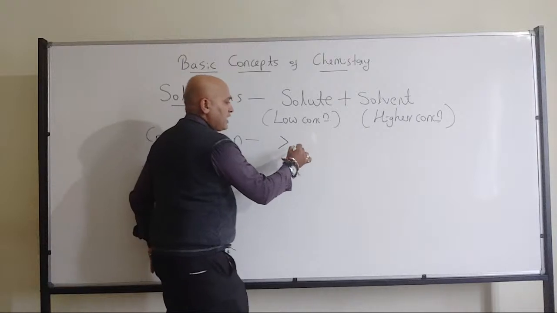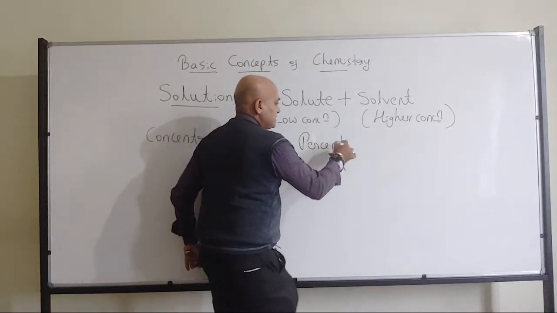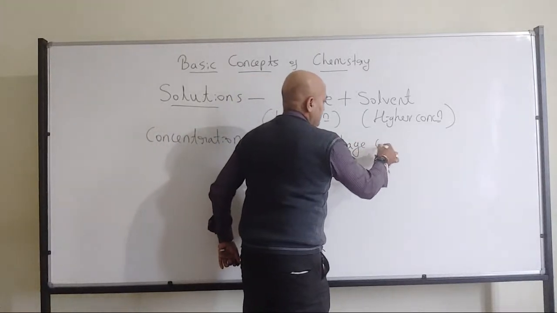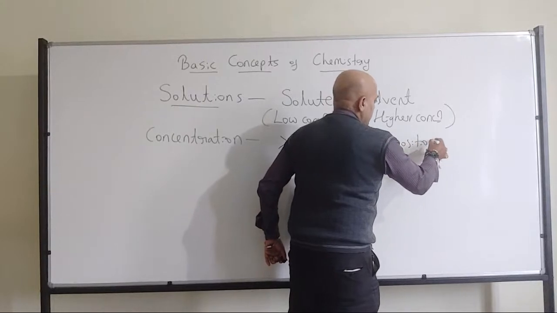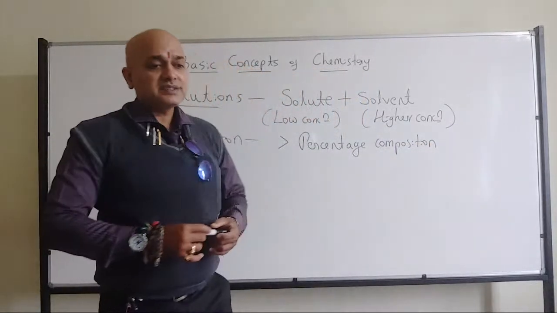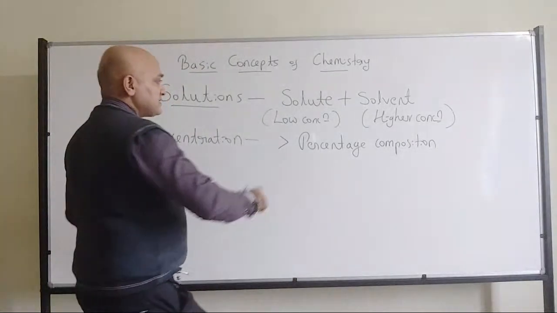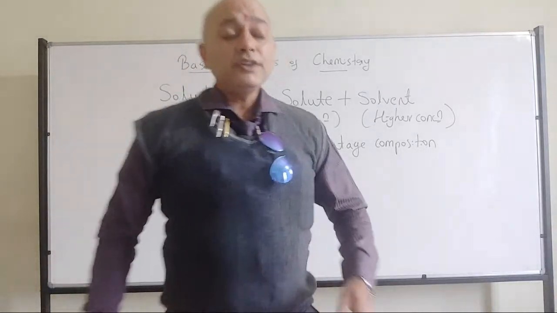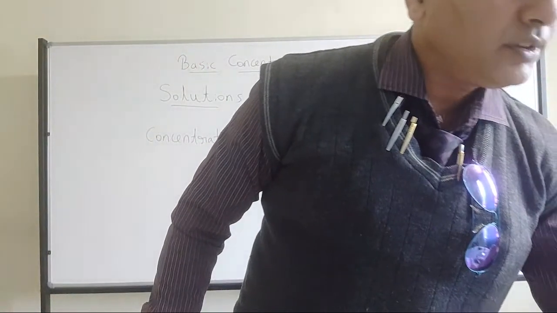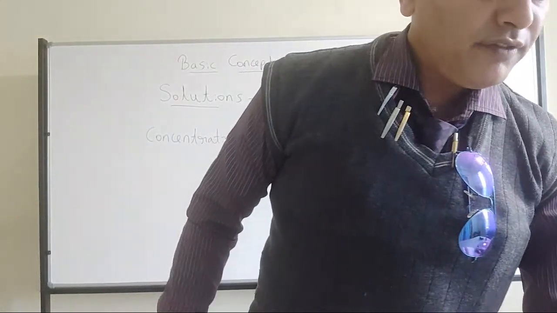One way of expression is percentage composition, percentage of elements. Or percentage of solute, that is another thing. So when I am talking about the concentration, we have different ways of expressing it.